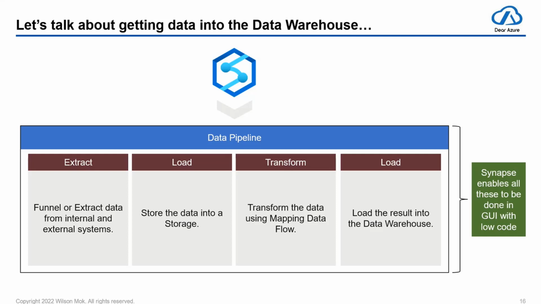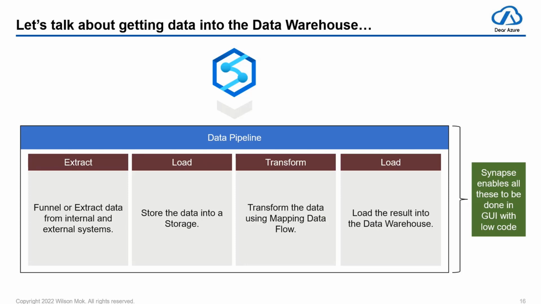So what is a data pipeline? A data pipeline is a way to funnel or extract the data from our source system. That can be an internal or external source system. We would load or store the data into our data lake storage. And then we will transform the data into the structure that we want.